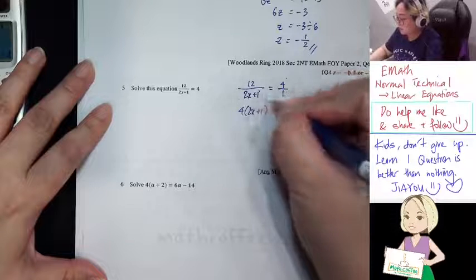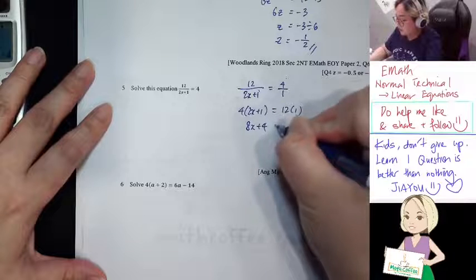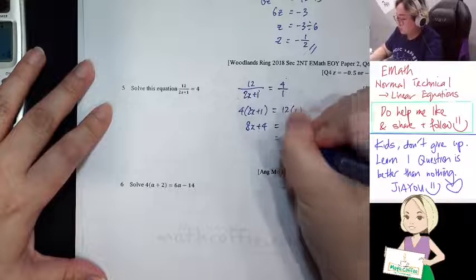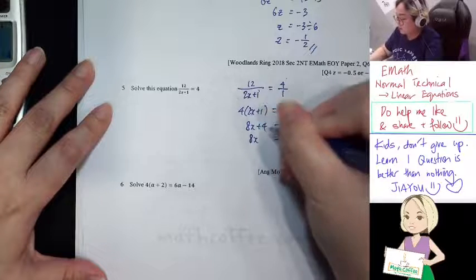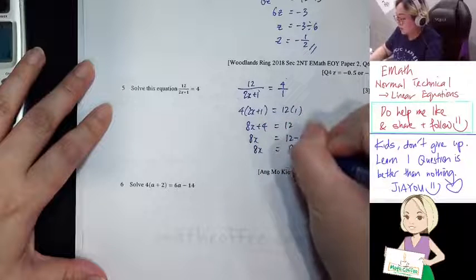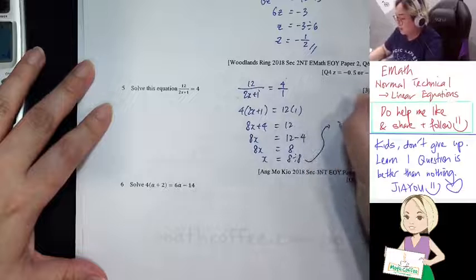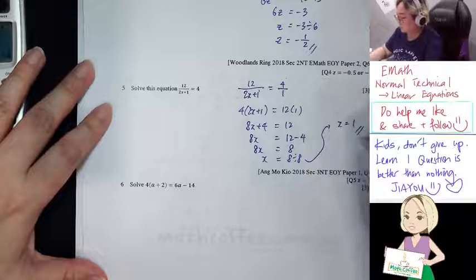Now do our rainbow. So it will be 8x plus 4 equals 12. Keep 12 and 8x, bring the plus 4 over, minus 4. So 8x equals 8. x equals 8 divided by 8. So my x equals 1. Done.